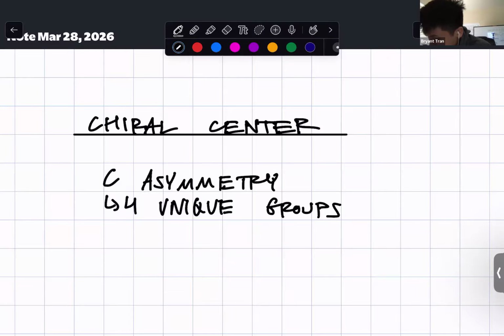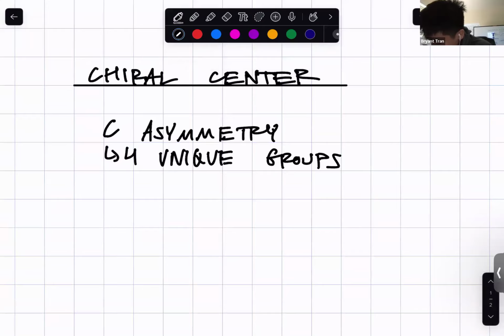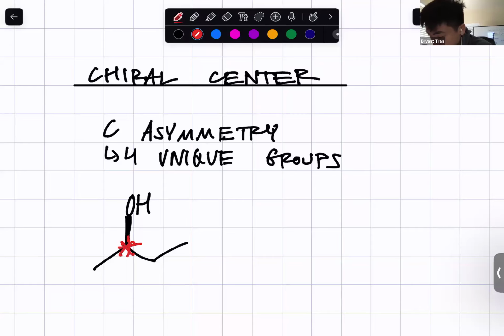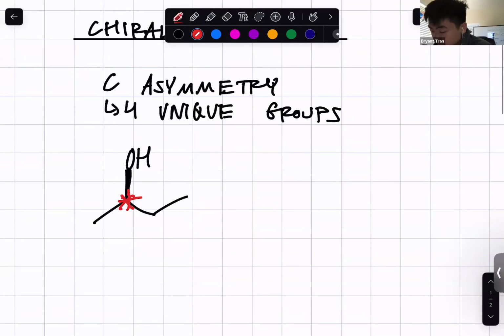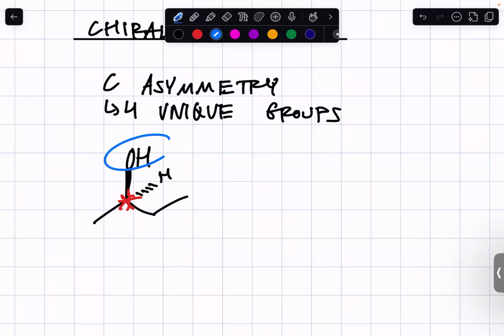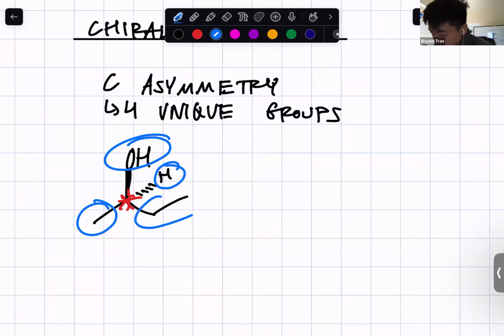An example would be something like this, where this carbon here is a chiral center because there are four unique groups attached to it: an alcohol, a hydrogen, a methyl, and an ethyl group, like that.